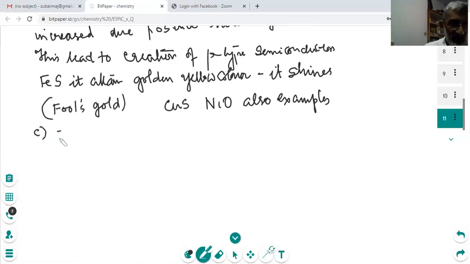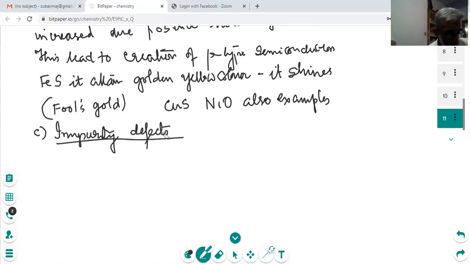Impurity defects. Okay, here is the presence of foreign positive ions.